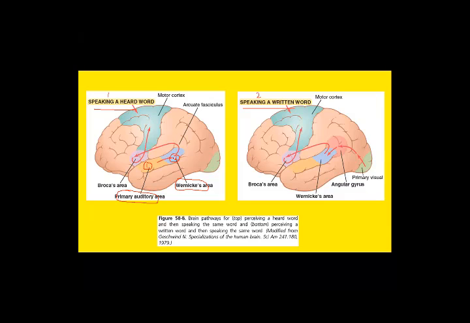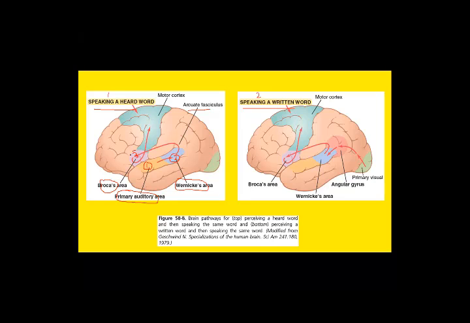As we have discussed, Wernicke's area and Broca's area are connected with the help of a fasciculus known as arcuate fascicle. This signal from Wernicke's area will be sent towards the frontal lobe where Broca's area is located.